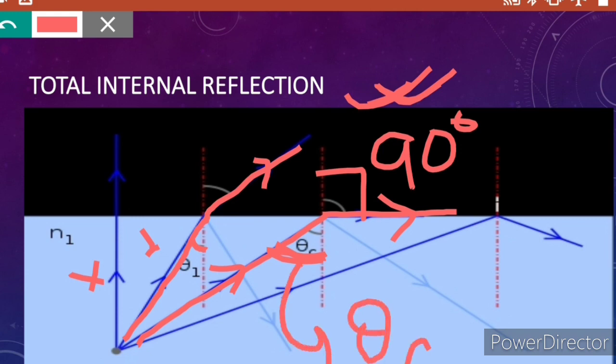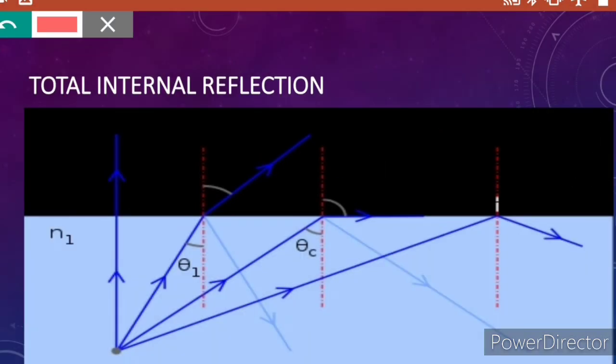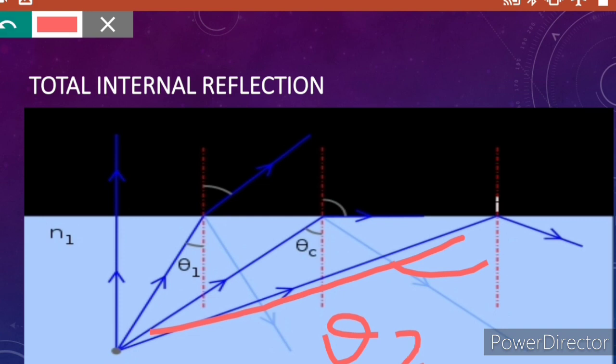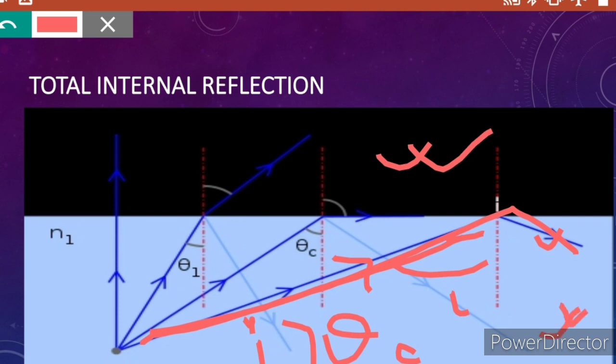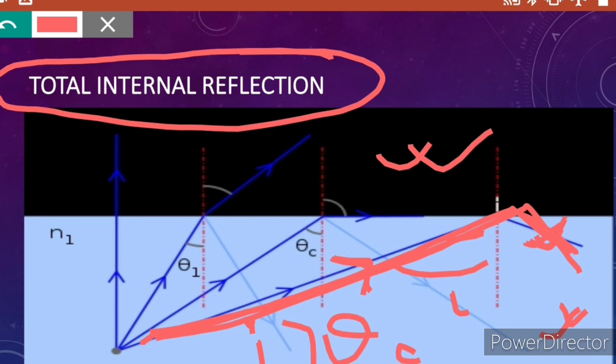Beyond that, what happens if we further increase the incident angle and make it more than the critical angle? Then there will be no refraction, although two media are present. There is complete reflection, and that is why this is called total internal reflection.